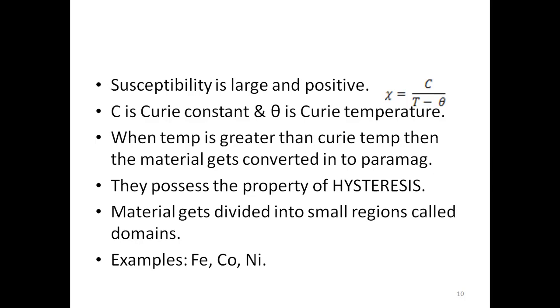So this will come under the category of the ferromagnetic material. When we compare the three things here, diamagnetic, paramagnetic, and ferromagnetic material, you'll find that there is a difference between the susceptibility values.